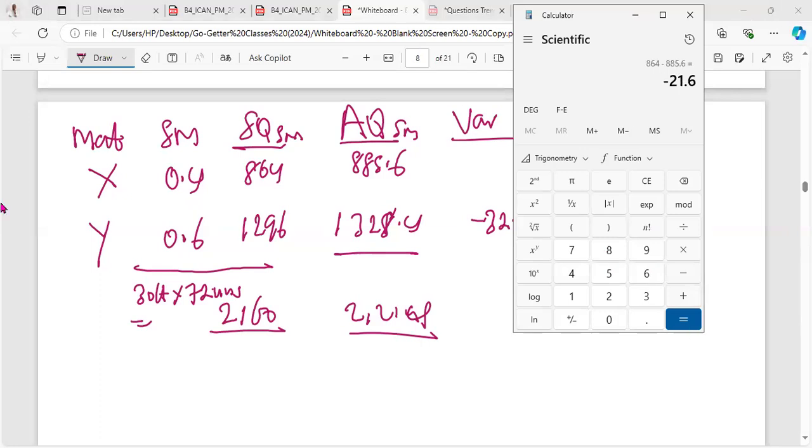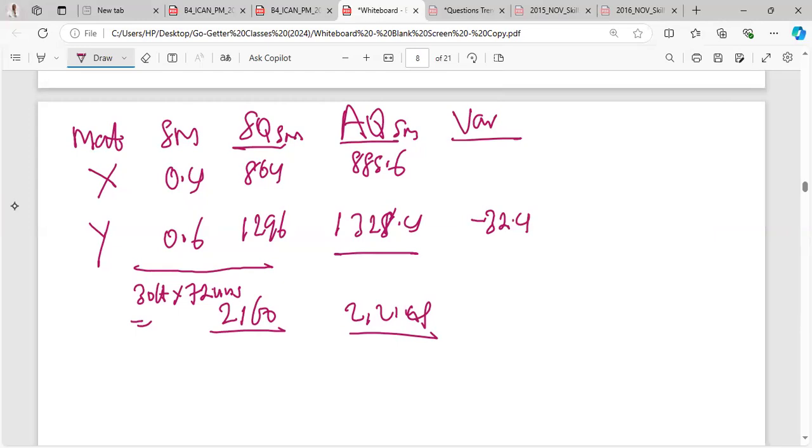That gives you minus 21.6. Then we have our standard price. I think this should be 250 and this should be 300. These are in liters, so that's why we got our price per liter.